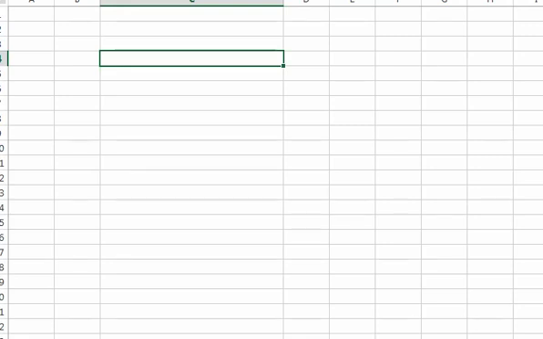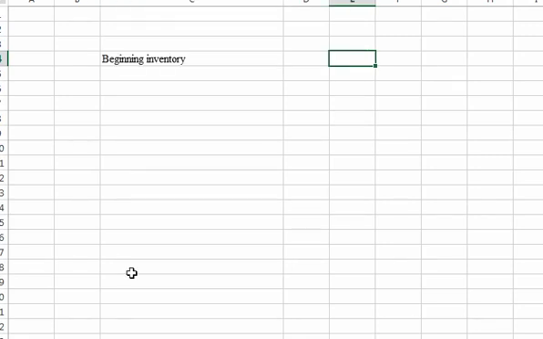We're going to start with beginning inventory. Now given here, it looks like beginning inventory. Well, let's read through it. They say SQ Company uses a periodic inventory system.